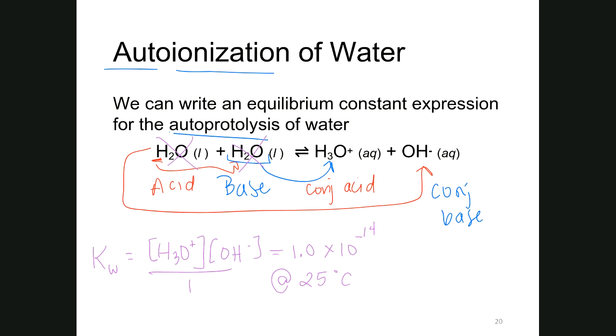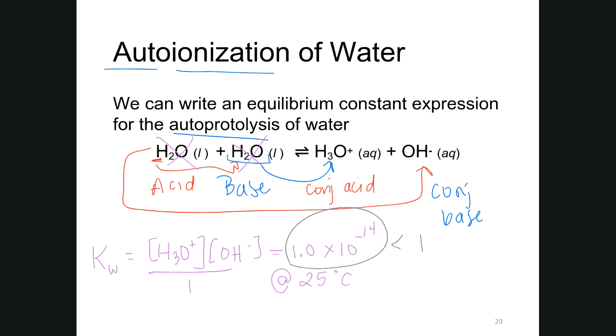But let's talk about what this 1 times 10 to the negative 14 means. So recall from our equilibrium section that this number, since it has a negative exponent, is less than 1. So which way does this reaction lie? Does this reaction lie to the left or lie to the right?